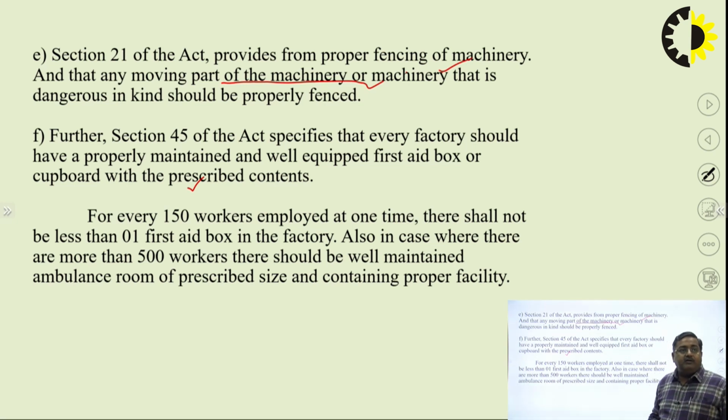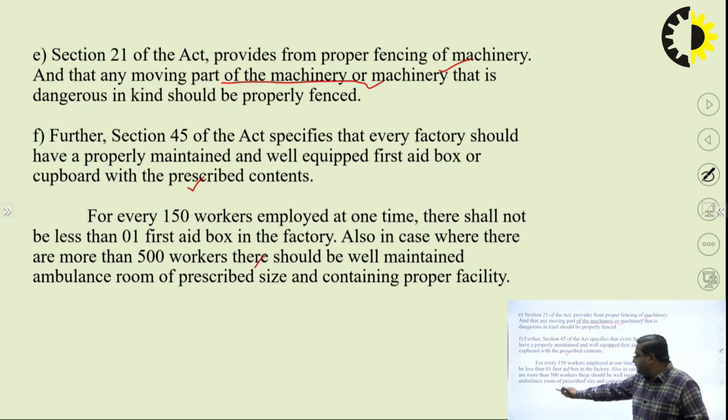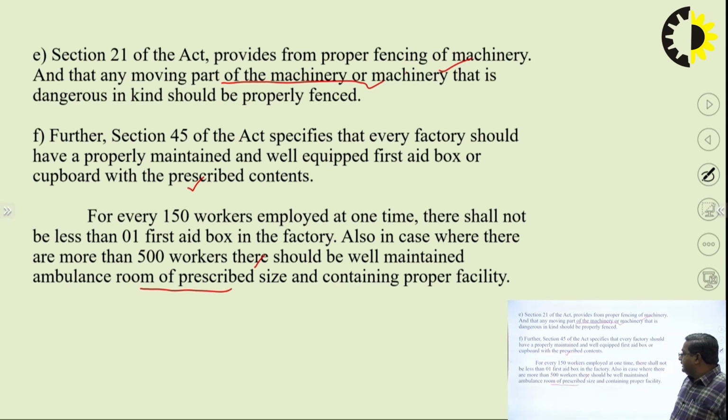For every 150 workers employed at one time, there shall be not less than one first aid box in the factory. Also, where there are more than 500 workers, there should be a well maintained ambulance room of prescribed size, containing proper facilities.